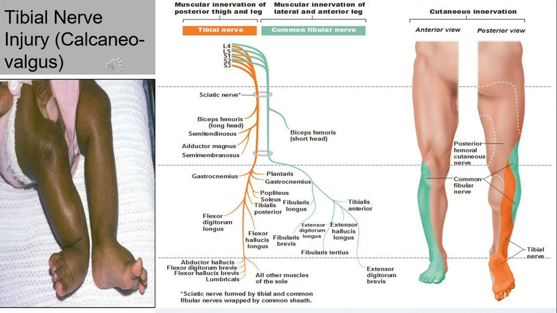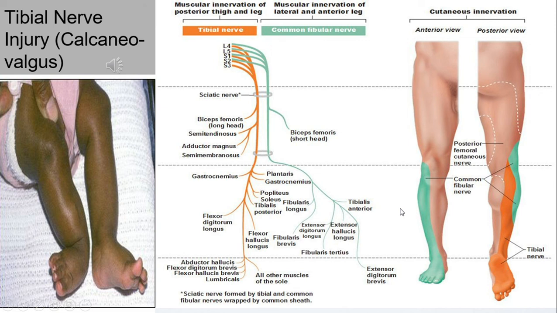Tibial nerve entrapment is seen in tarsal tunnel syndrome, as previously discussed, and it can also be damaged in its upper part by trauma. In the tarsal tunnel, the symptoms are only limited to foot, but when the upper part of tibial nerve is damaged, especially in the popliteal fossa, then there are some problems arising.